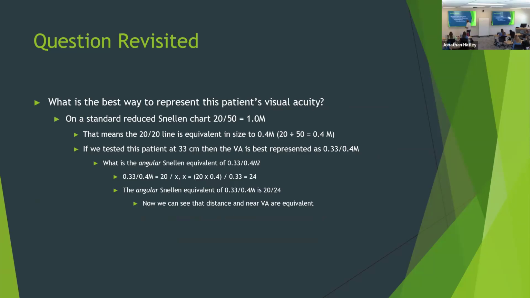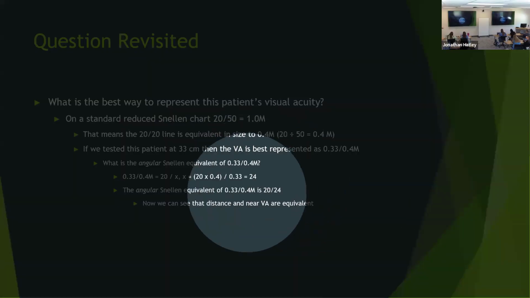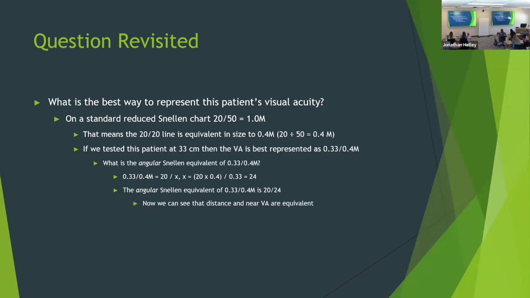Effectively, if we looked at the angular Snellen equivalent of this M acuity of 0.33 over 0.4M, which takes into account the distance and the optotype size that the patient read, we would find that their near vision, as an angular acuity as opposed to absolute size, is 20/24 in this case, which is equivalent to their distance acuity, which is what we want and what we expect.